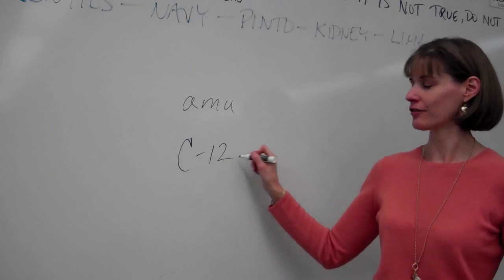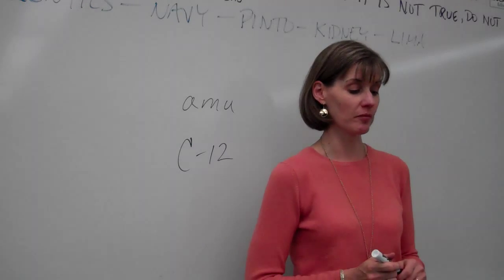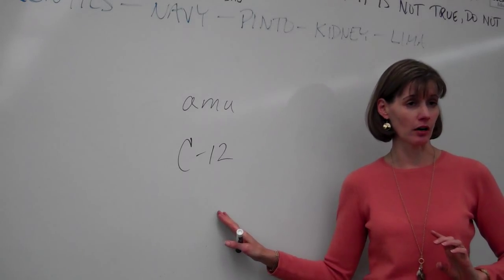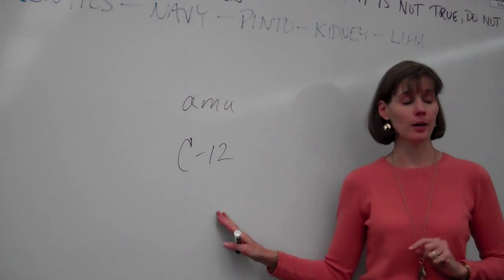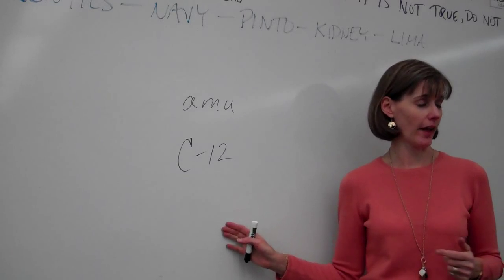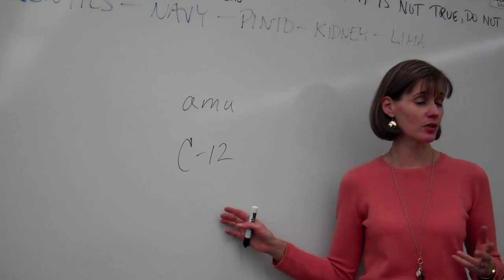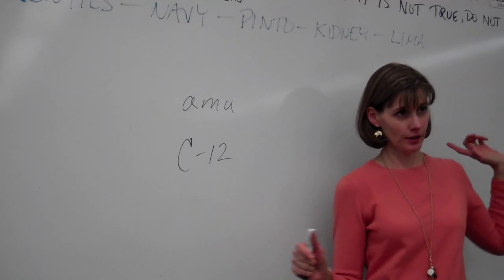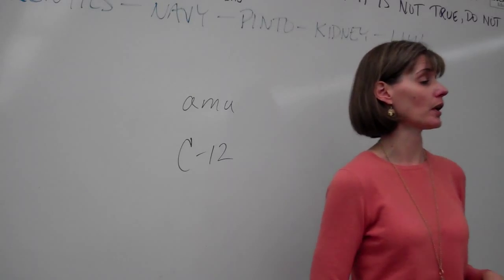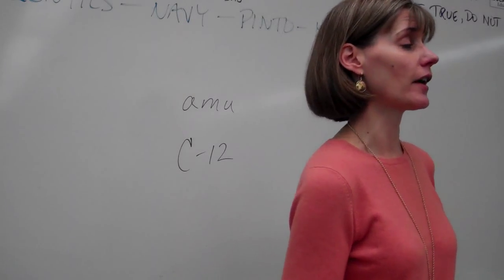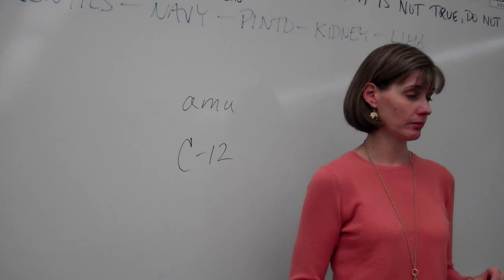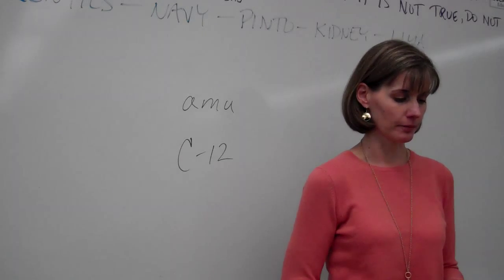Carbon 12 is our standard of mass. If carbon weighs 12, then one atomic mass unit is how much? 1/12 of that, which happens to be 1, which is hydrogen, so it makes sense that you might say hydrogen at first. But AMU is defined as 1/12 the mass of carbon 12. Okay, 1/12 of 12.